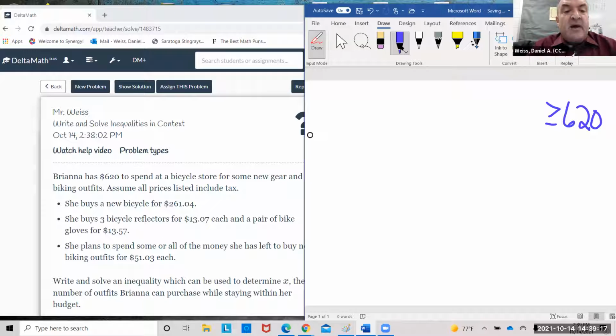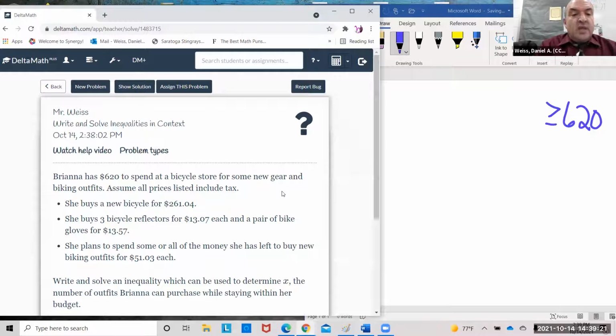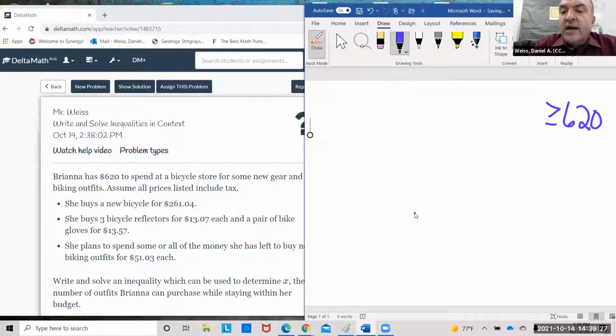Now, here's the deal. She buys a new bicycle for $261.04.